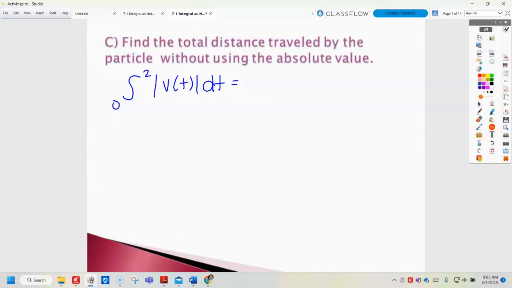If the particle is moving to the left, which is representative of backwards, we're going to subtract. So we're going to add the integral of velocity from 0 to 1. And then to make that movement backwards, we're going to subtract the integral from 1 to 2.